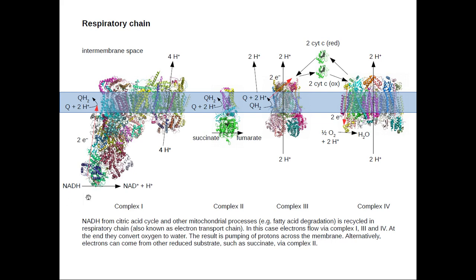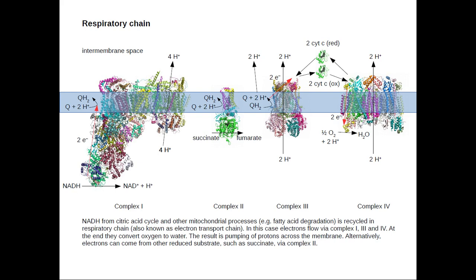So inside mitochondria there are different processes taking place, like the Krebs cycle, or citric acid cycle, or tricarboxylic acid cycle, or fatty acid degradation, and these processes are a source of NADH. So they permanently reduce NAD+ to NADH.